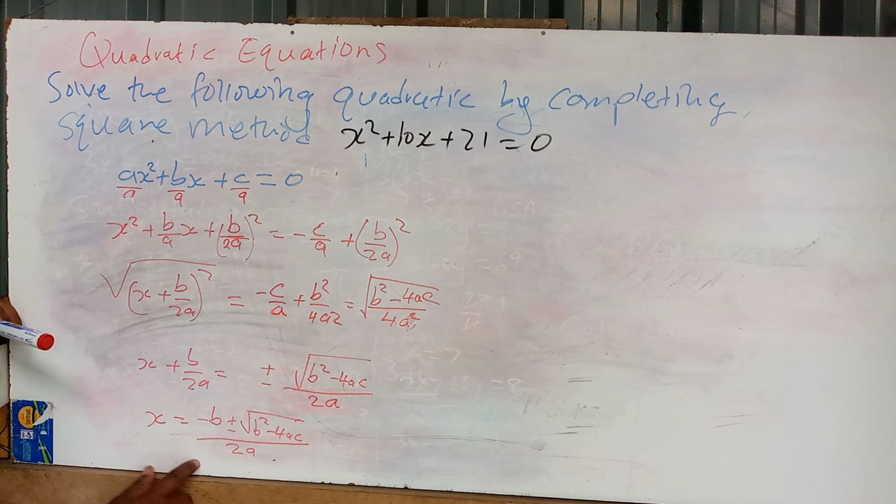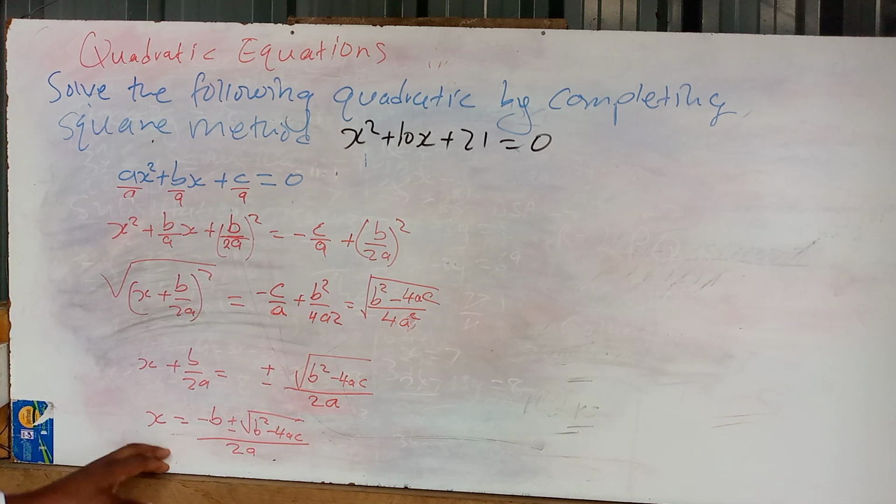So this is what we call the quadratic formula, the one that is at the back of the four-figure table. You will find the quadratic formula in this form.